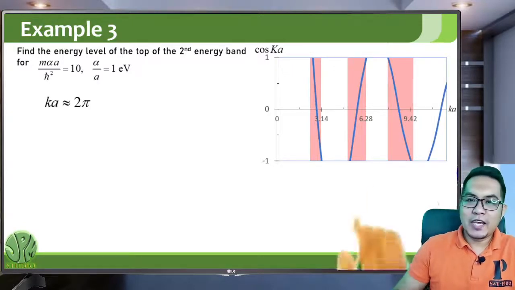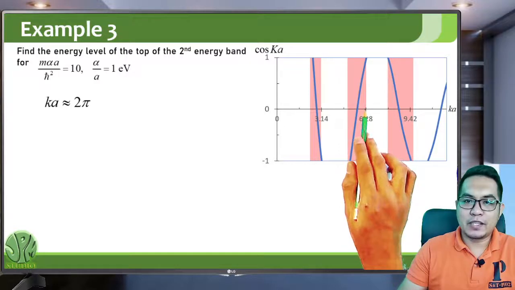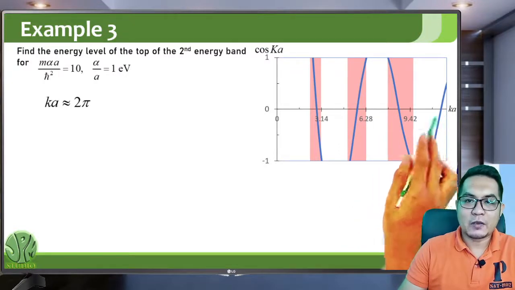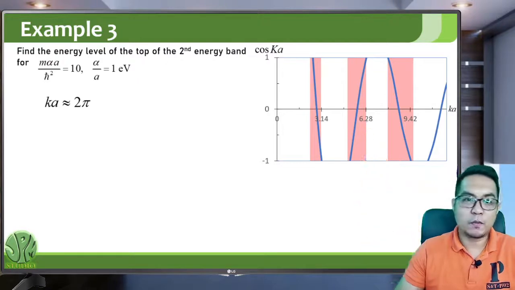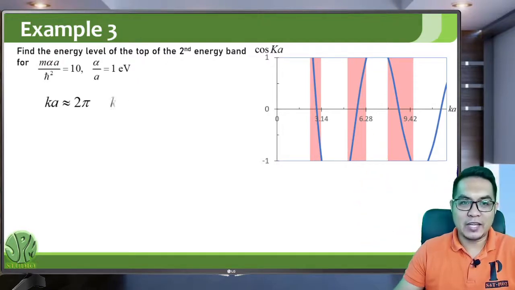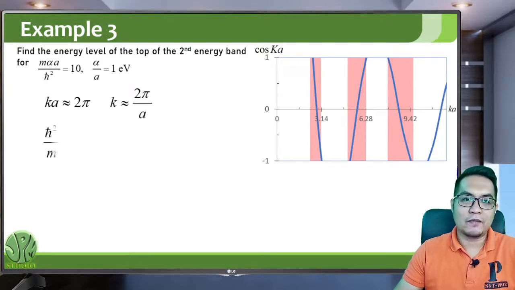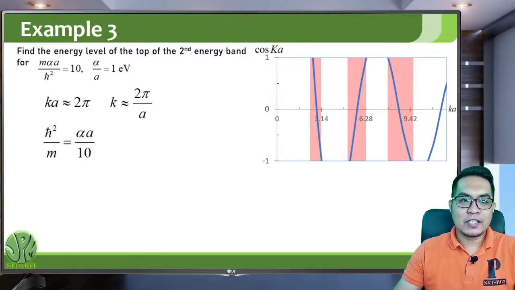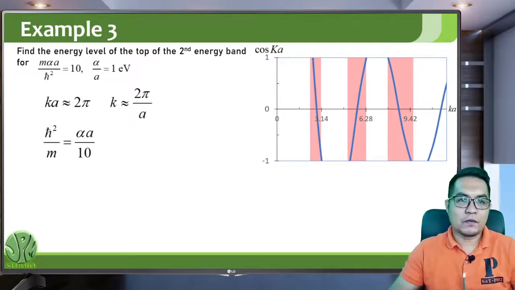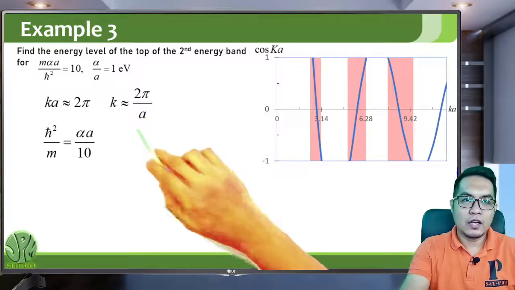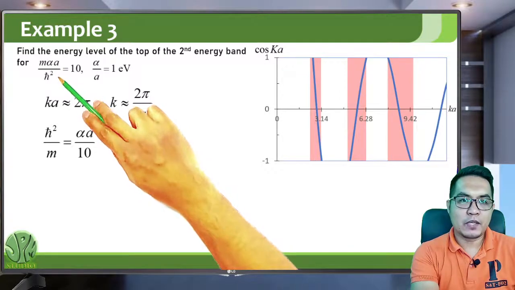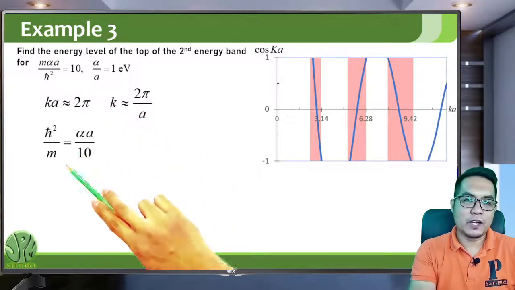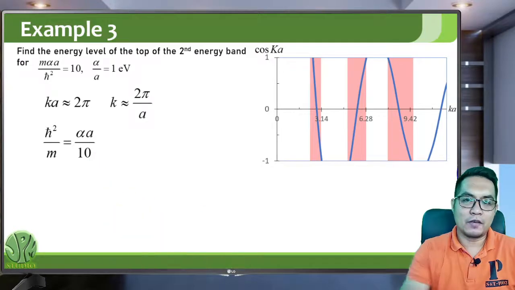So ka, for the top of the energy band, is approximately 6.28 or 2 pi. Meaning k is equal to 2 pi over a. And from our given, m alpha a over h bar squared is 10, meaning h bar squared over m is alpha a over 10.